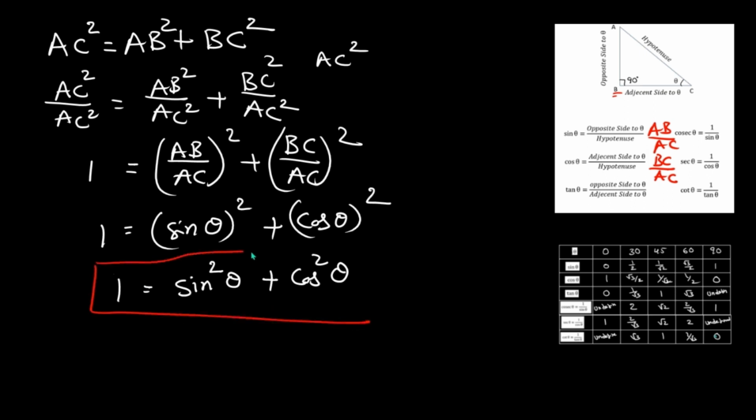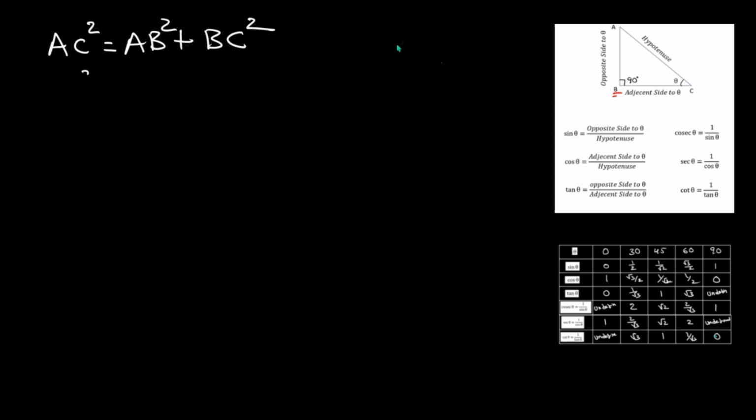We have derived one identity: sine square theta plus cos square theta equals 1. For what values of theta is this equation valid? Theta must be between 0 and 90 degrees.